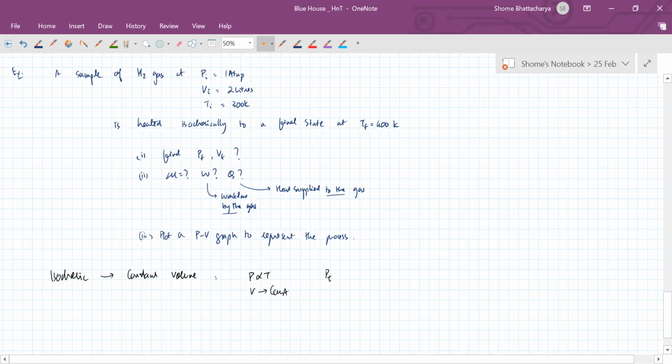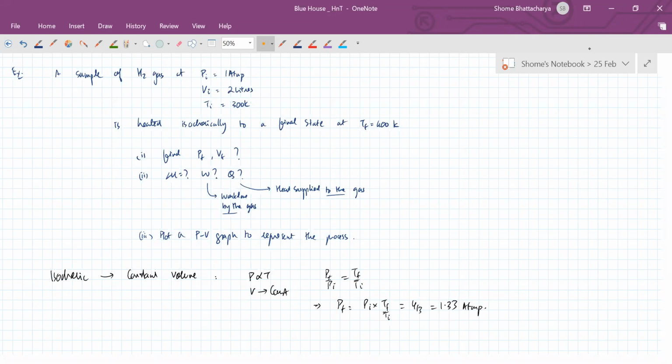So P final upon P initial will be the ratio of the final to initial temperature. So 1.33 or 4 by 3 atmospheres. Correct, Dhruv, that's correct. Good.